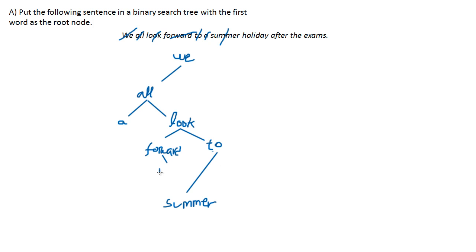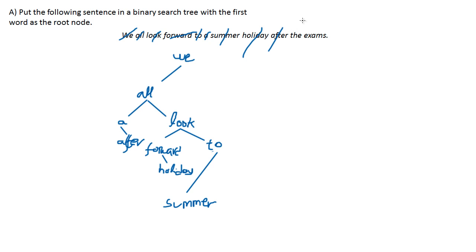So "holiday" goes here. We cross that out. Now "after" is less than "we", which means it should go here after the A.